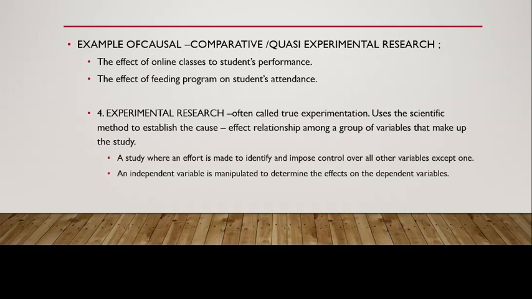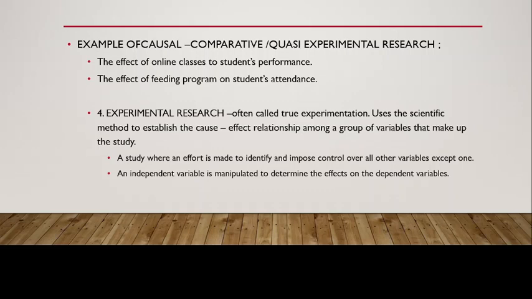Then we have here example of causal, comparative, or quasi-experimental research. 1. The effect of online classes to students' performance. Again, we have two variables here, the online class and the students' performance.